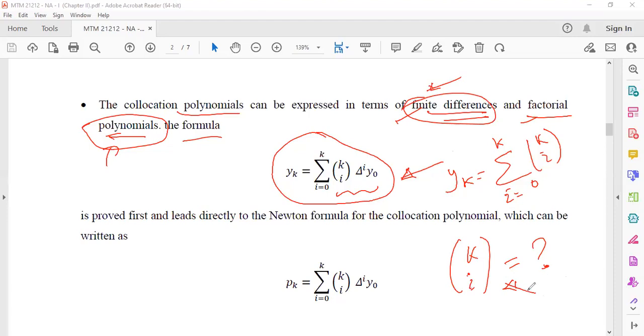Everyone studies some statistics, so I hope somewhere you have seen it. Have you heard of this one? Binomial coefficients.